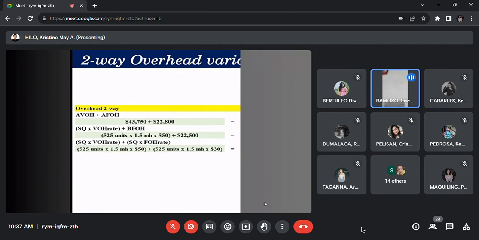Getting the variance is the same. 66,550 minus 61,875 gives us 4,675, and then 61,875 minus 63,000 is 1,125. So our 4,675 is the favorable budget variance. And our 1,125 is the favorable volume variance. And last is the one-way.